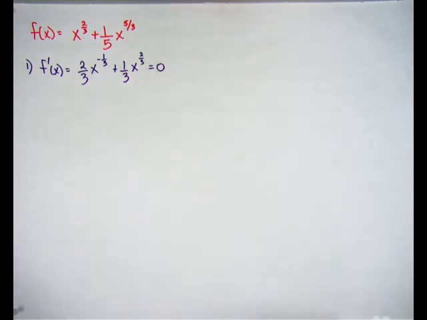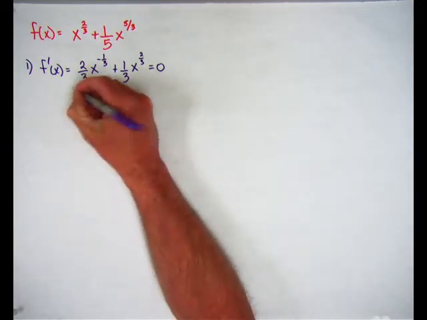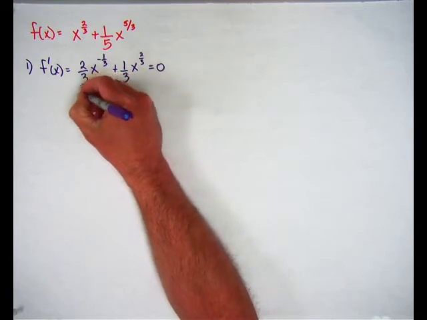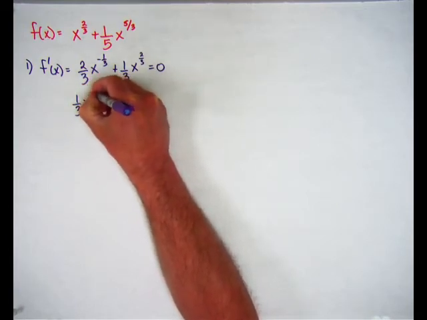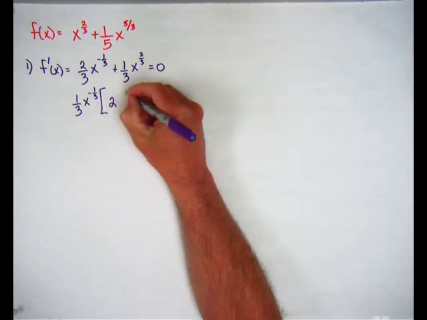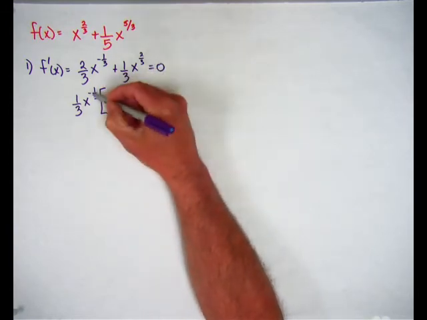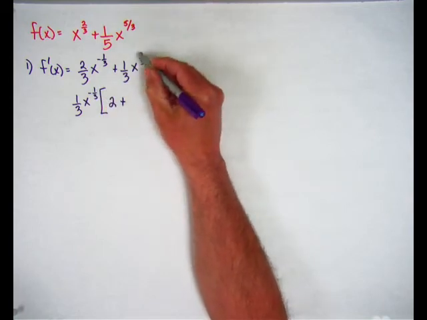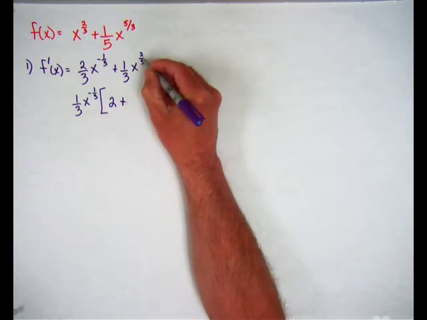The key to solving these kinds of derivatives is to take out a common factor. If I take out a common factor of 1/3 x to the minus 1/3, I'll end up with just 2 plus, when you remove a negative exponent from a factor, it's like adding. So this would become x to the 3/3.